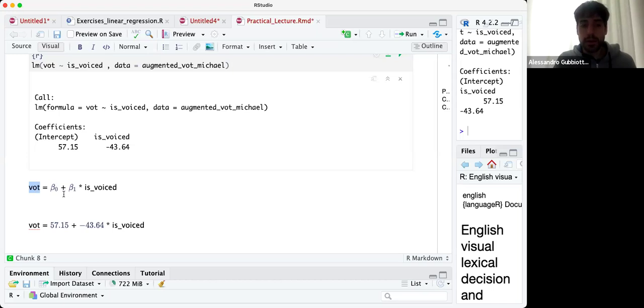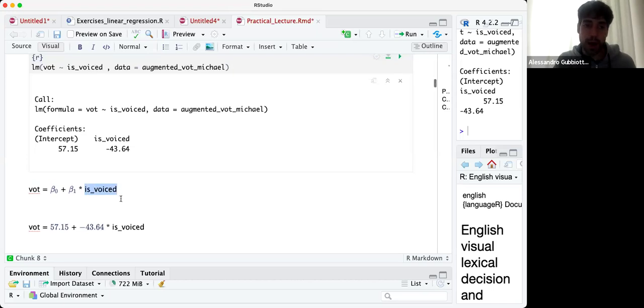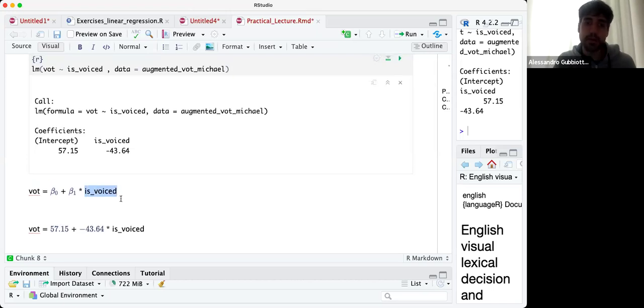So this variable can take only two values: 0 if it is voiceless, 1 if it is voiced. So we have only two predictions of this vocal onset time, one when is voiced is equal to 1, and one when is voiced is equal to 0, so when it is voiceless.